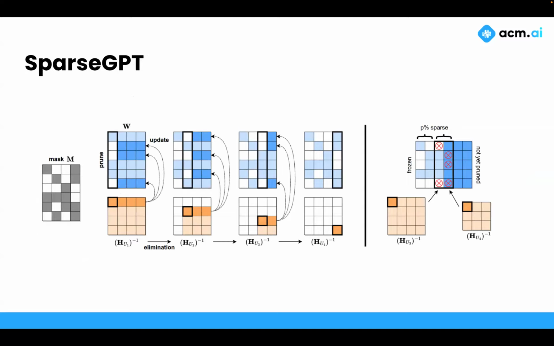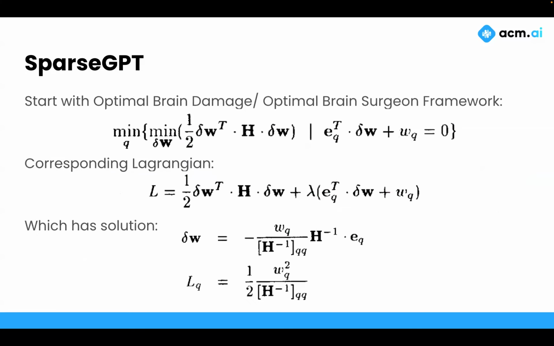I see. So yeah, what Optimal Brain Surgeon does is we go back to this Hessian. And we enforce a constraint that we zero out parameter q. So this is where this delta W times e_q transpose, where e_q is a one hot vector at index q.